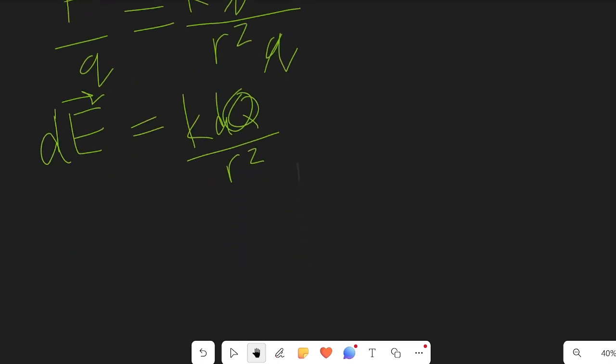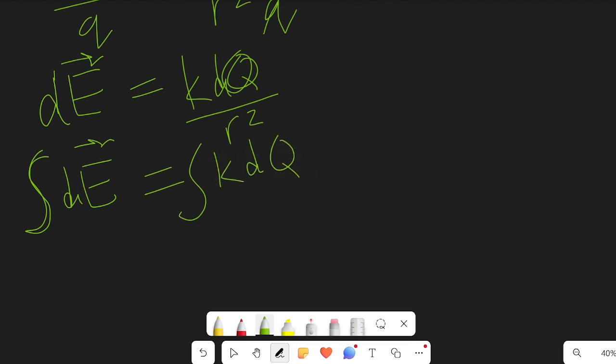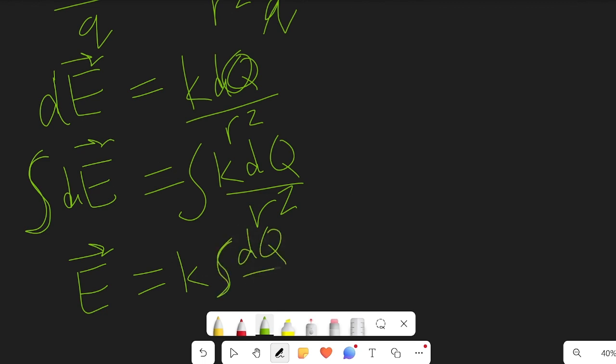And now if we took the integral of this, if we took a nice integral, the integral of dE equals the integral of K dQ divided by R squared, right? Then we would get that the electric field in a certain direction equals, we can take this constant out, the Coulomb constant, times the integral of dQ over R squared.